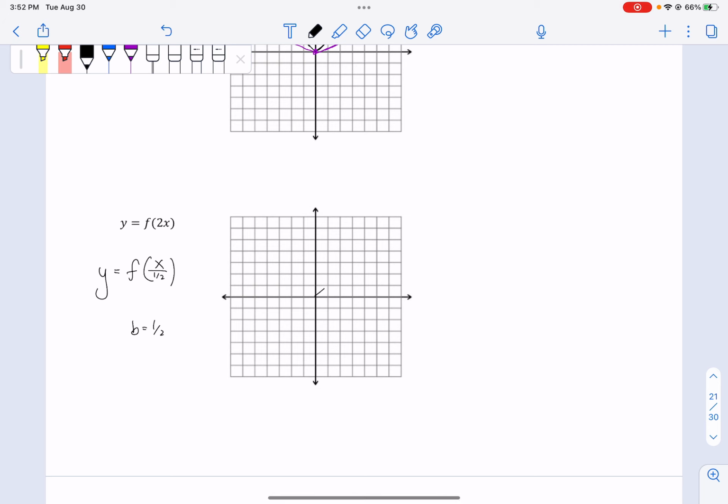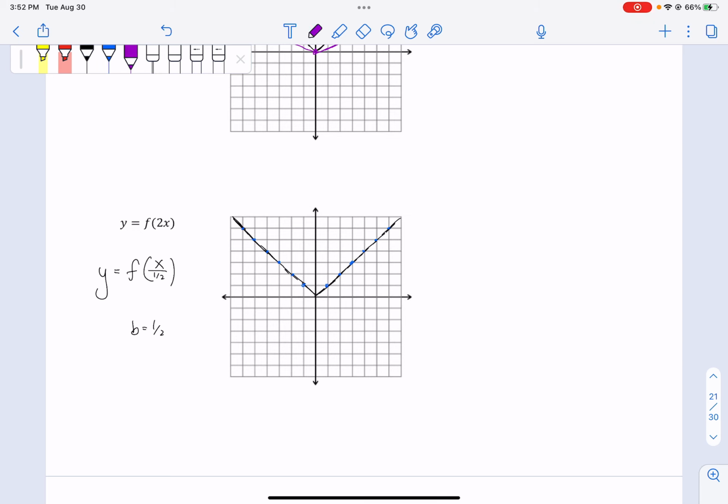So if I have my original function looking like this, then every single x value shrinks when you multiply it by half. Okay, so I'll use this function over here.